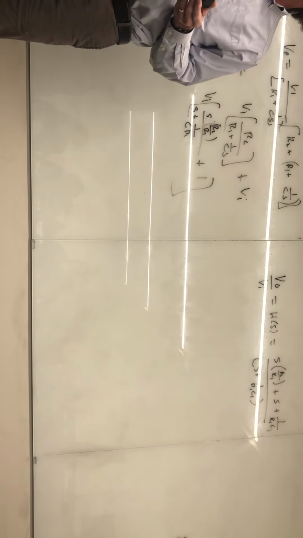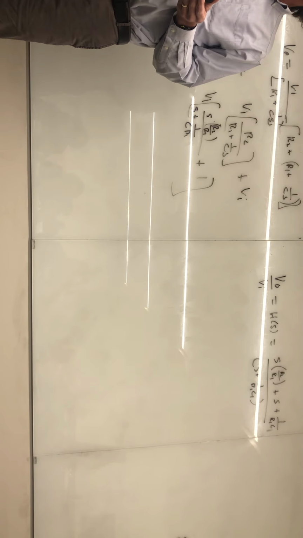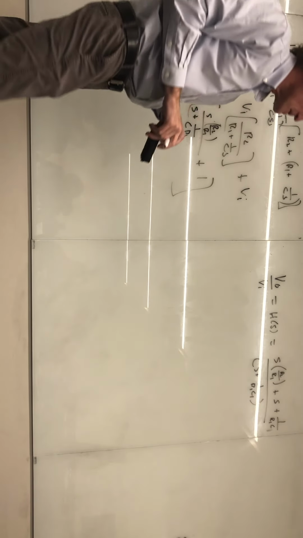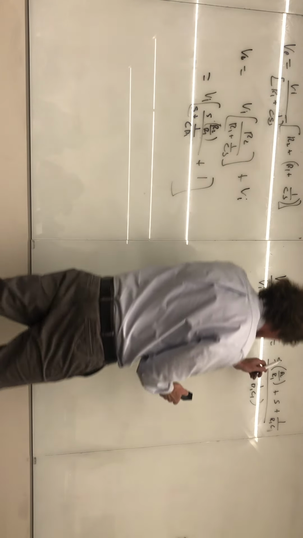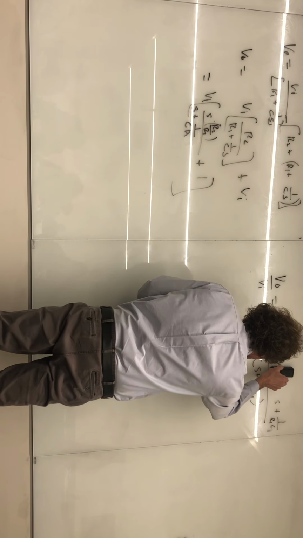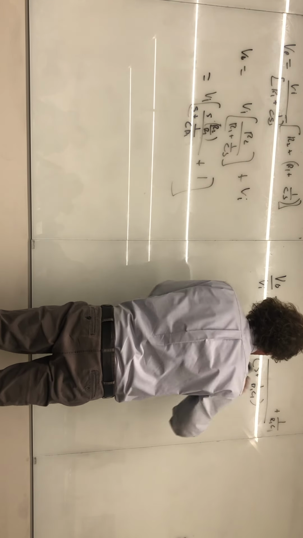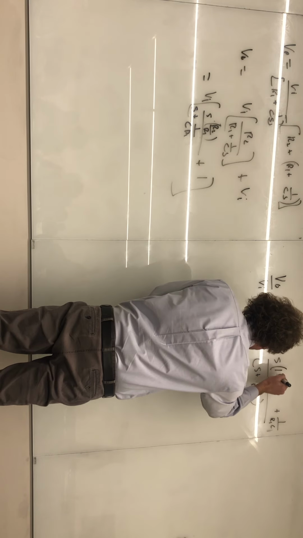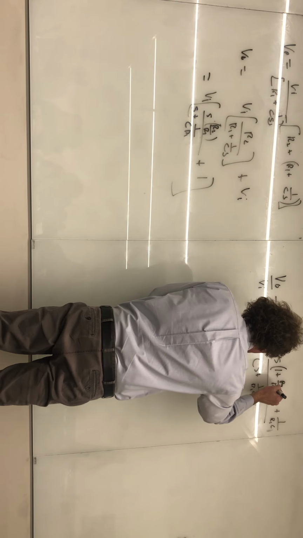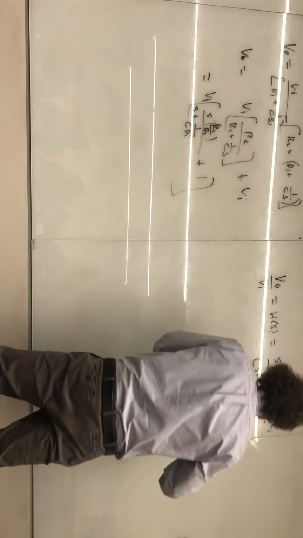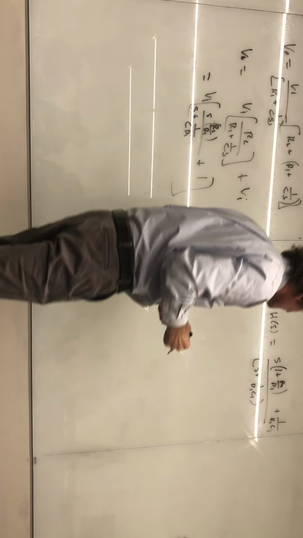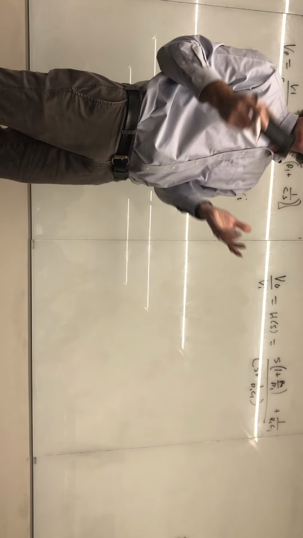Do you agree with me? Now I group terms. And if I group terms, I see S as a coefficient of 1 plus R2 over R1 plus 1 over R C. Agreed, class? Agreed?